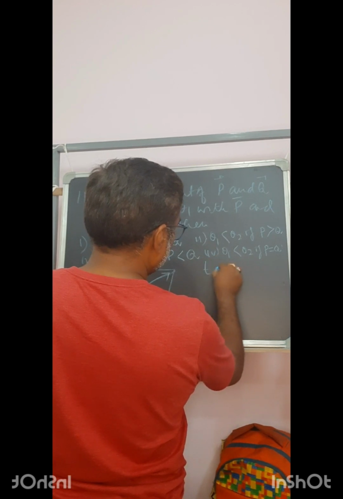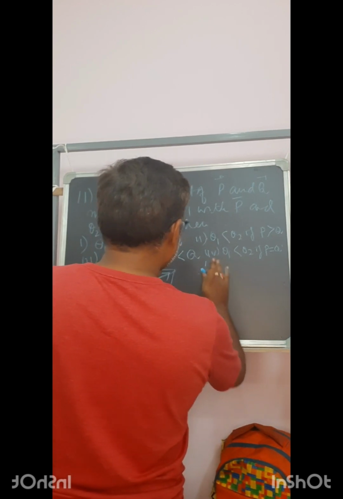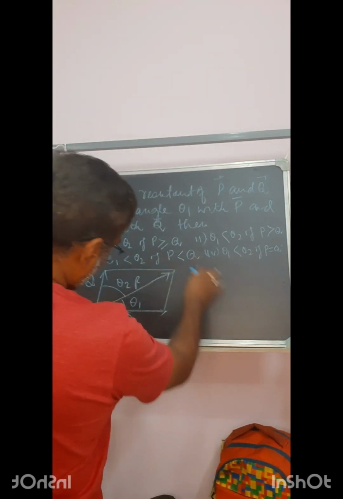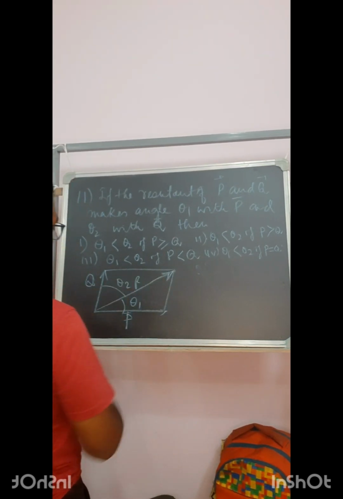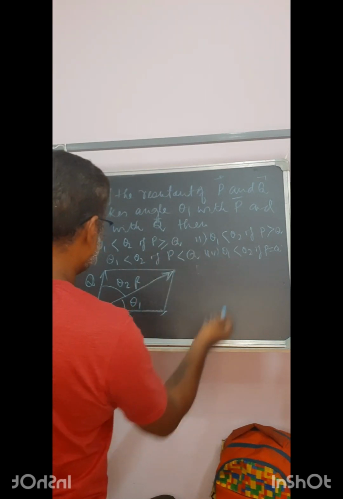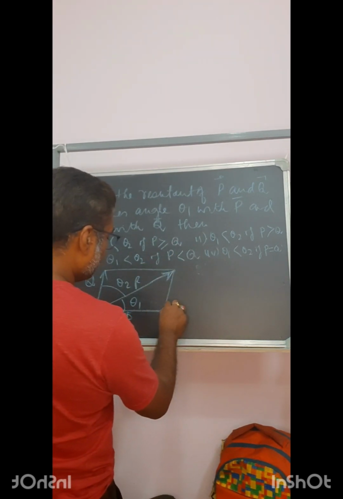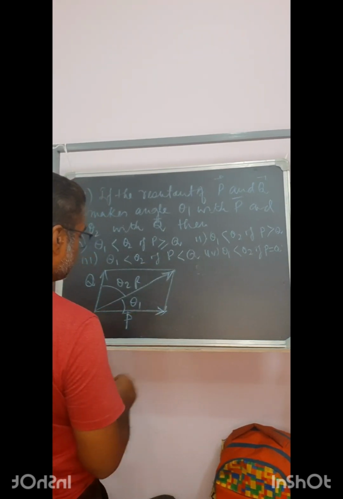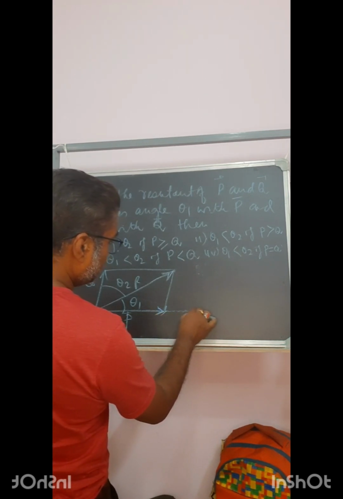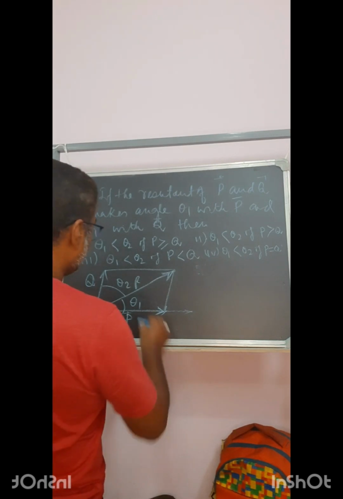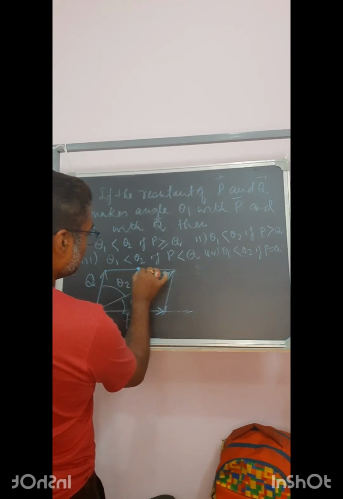Now, one thing I have to explain. If this is the case, I generalize it, and then you will understand. Now further, let's say I increase this vector. What will happen to the parallelogram?